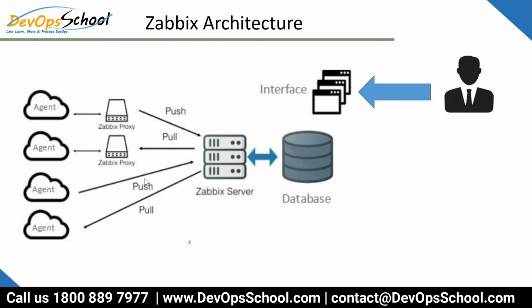And here, you see the push and pull happening through the Zabbix proxy and agent. The agent can push, and the Zabbix server can pull. Also using the proxy, the agent can push or pull from the proxy, and the Zabbix server can push and pull from the proxy. So Zabbix works both ways.